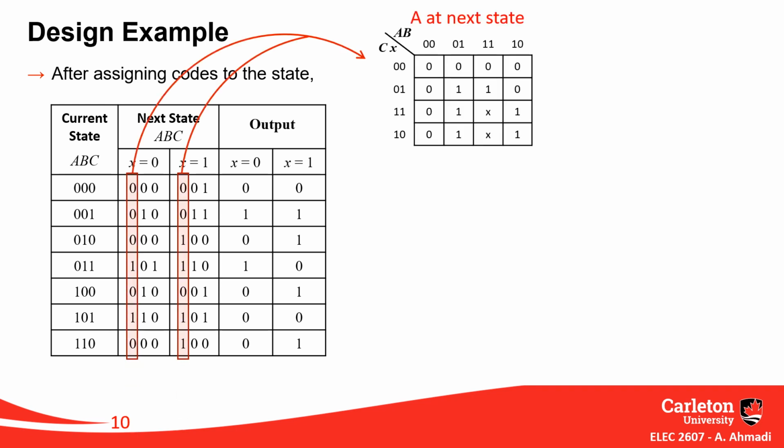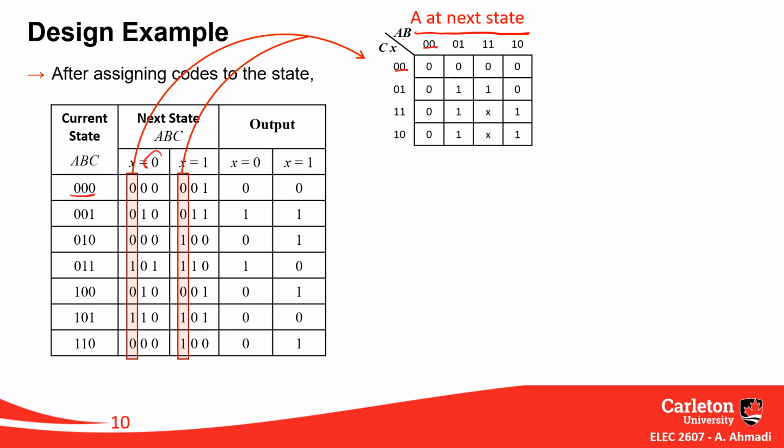So A at next state will be my output. My inputs are A, B, and C at current state and input. See, where did I get that table? You see combinations 0, 0, 0, 0.